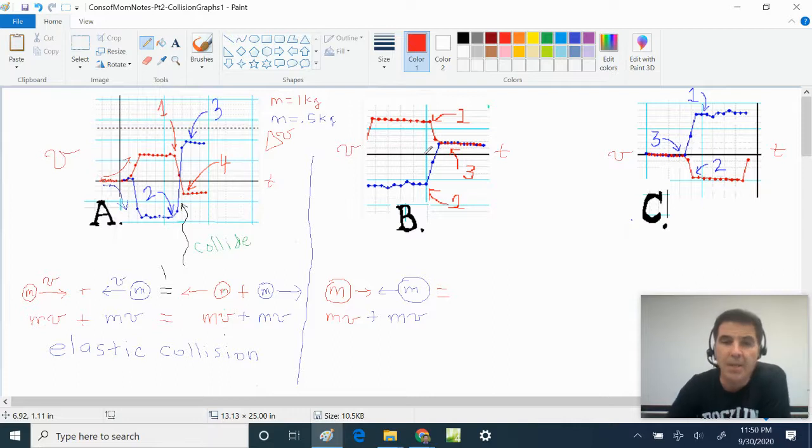And so that's what's happening here: now they're going positive. I can tell because the line is above. What color do I have? I have the red mass, and then the blue mass, and they're somehow stuck together like Velcro. I guess I should use purple because they're both going together down the road.